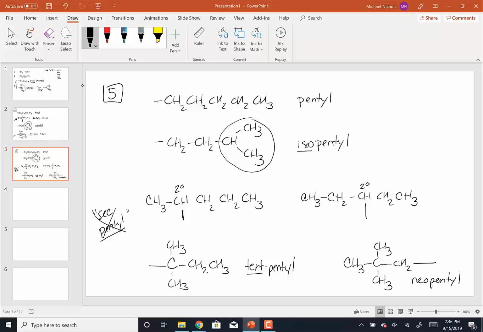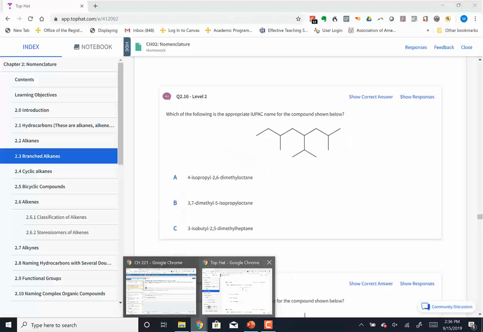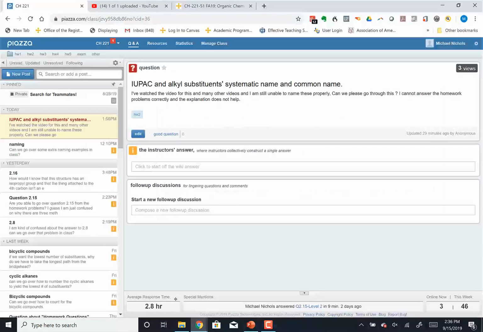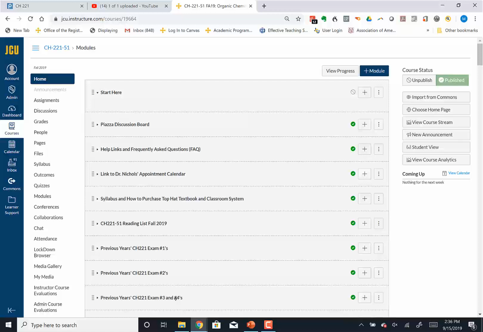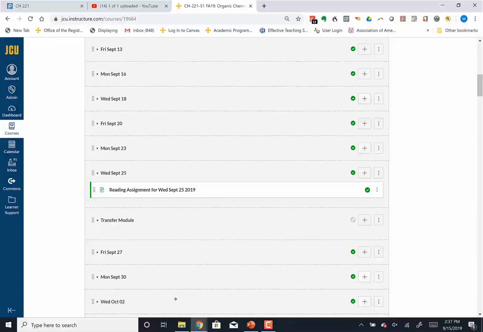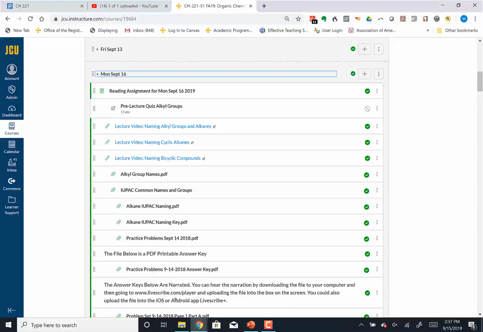So I'm only going to require you to basically know up through the 5. All the ones I've written here are ones that you have to know the name and structure for. Now you can find these if we go back to the Canvas site and we look under the Monday folder, you'll see a lot of things, and what you'll see is alkyl group names.